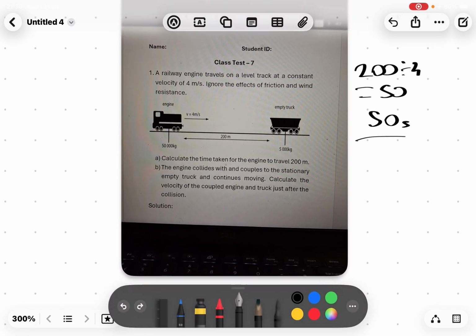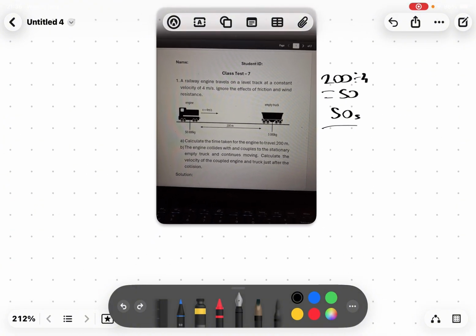After that, B. Basically, B is much harder. The formula was not even in the formula sheet in my booklet.